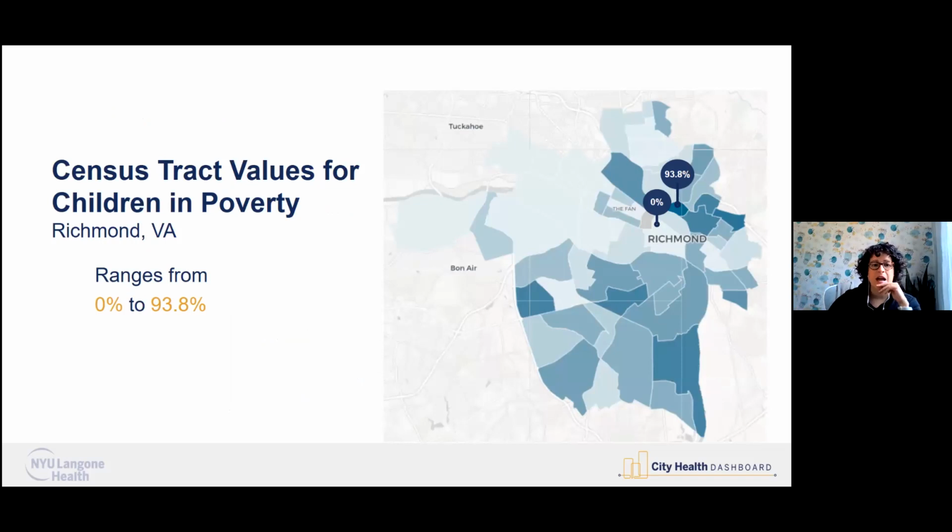In these census tracts, you can see that they're between 0 and almost 94% children in poverty. As you scroll over the census tracts, these values pop up, so you can really zero in on those. We did that because if we showed all the percentages on every map, it's too overwhelming. So paring that down, but having it accessible to people is helpful.